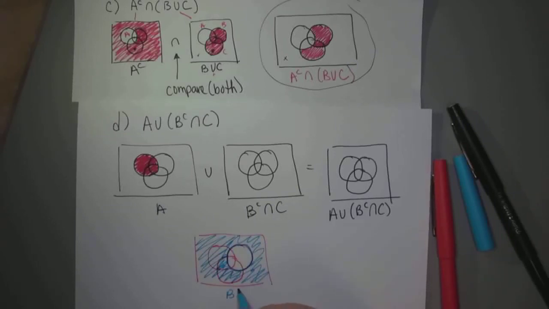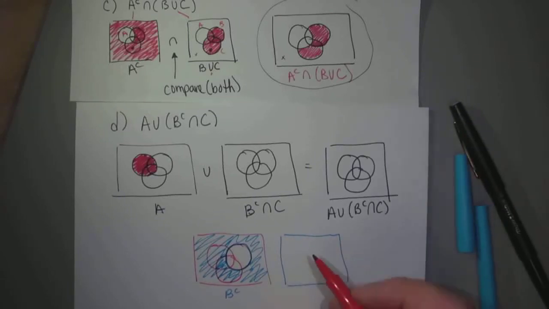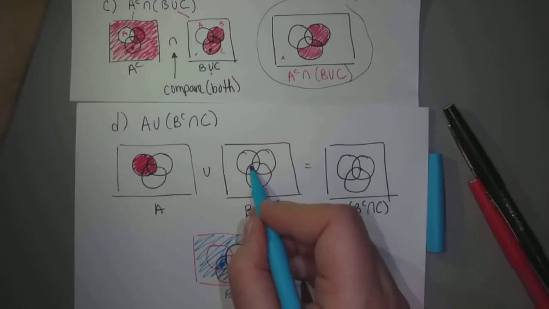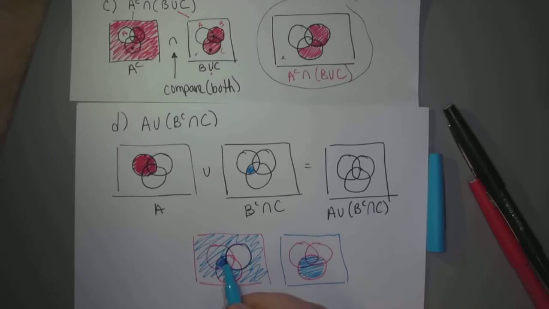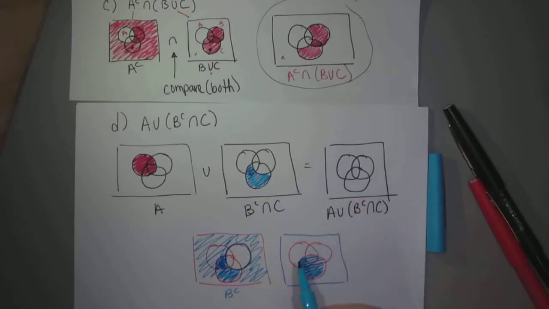Okay, so that would be B complement. And we want to intersection that with C. C is this circle. So to do the intersection, you're comparing, and you say, where are they both colored? Well, they're both colored in this section, right here, and right here, this part of B. Anywhere else?